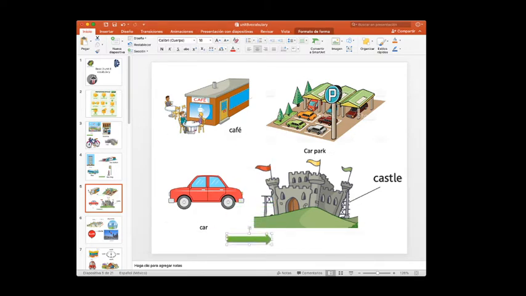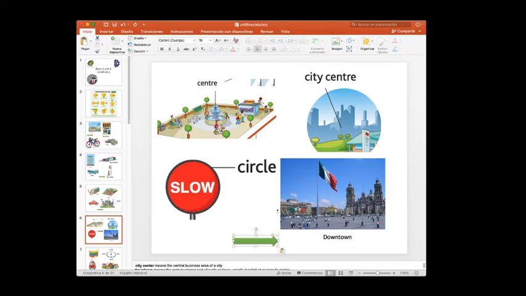This other one, where a dragon appears, is castle. The next one. This is center, center of something.